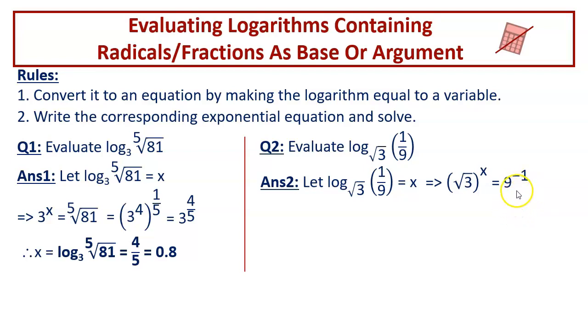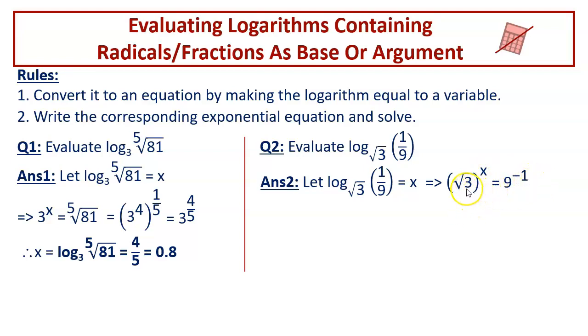So square root of 3 whole squared whole raised to the power of 2, or square root of 3 raised to the power of 4, and then there is another power, negative 1. You can have that. Square root of 3 raised to the power of negative 4. 4 times negative 1 will be negative 4. So you can have that. Square root of 3 raised to the power of negative 4, and this side is having square root of 3 raised to the power of x. So x will be equal to negative 4.